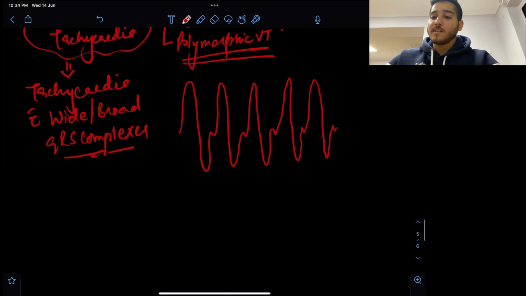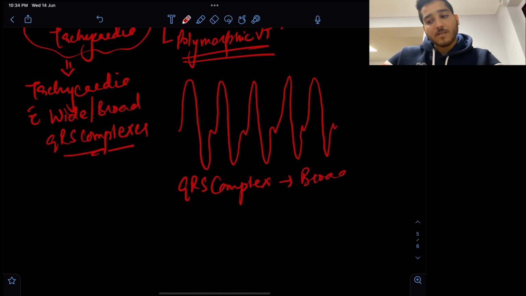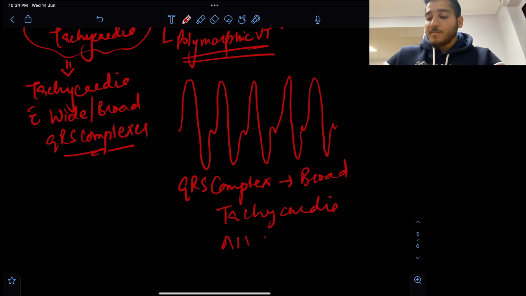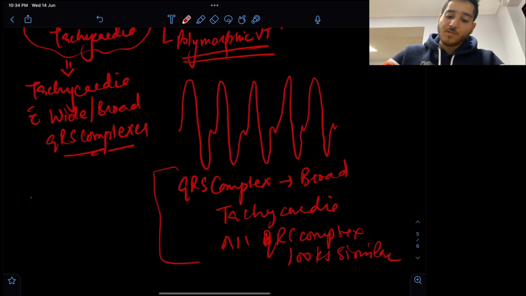All the QRS complexes are broad, there's tachycardia present, and all QRS complexes look similar. Then we call it monomorphic VT.